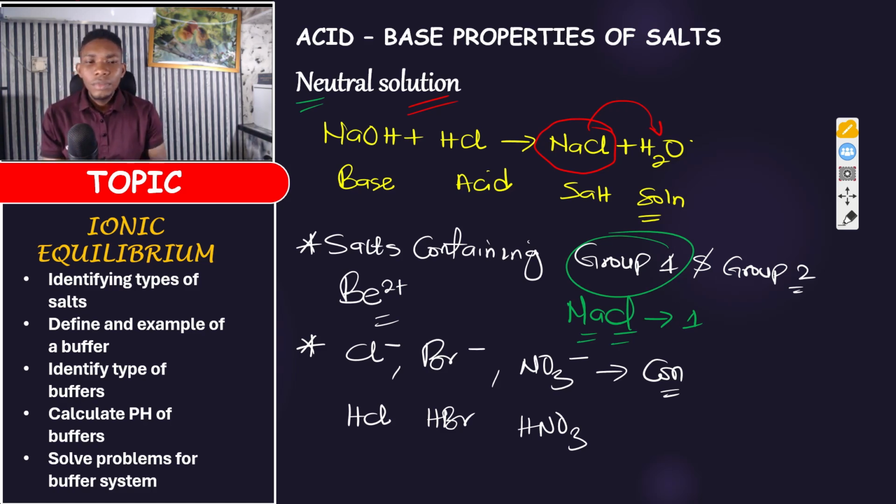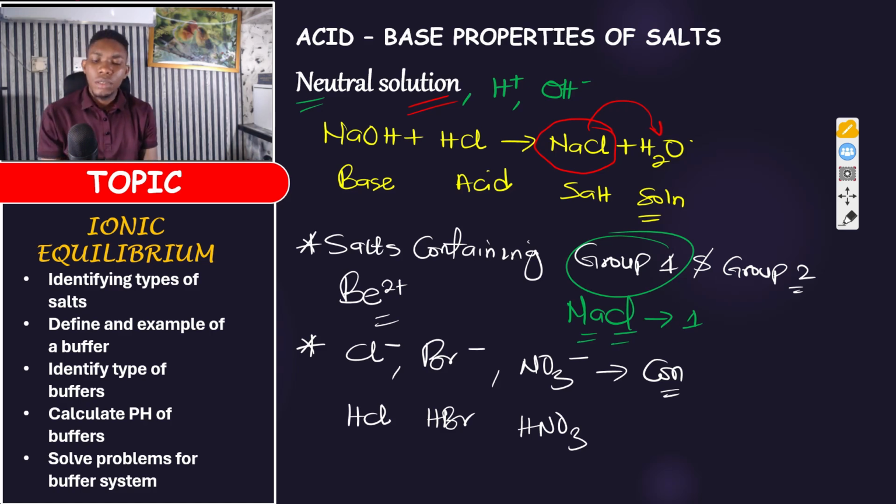Now, why is it like that? Why do you think that these salts are neutral salts? Now listen. A salt is neutral when it is dissolved in water and it's not able to form either hydrogen ion or hydroxyl ion.